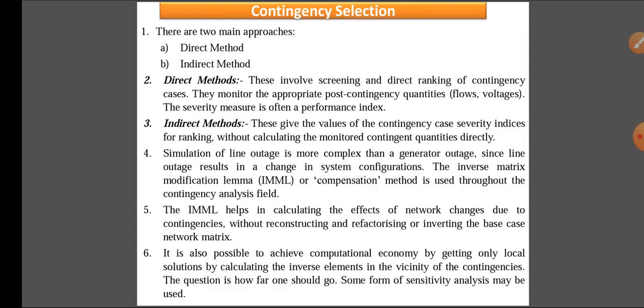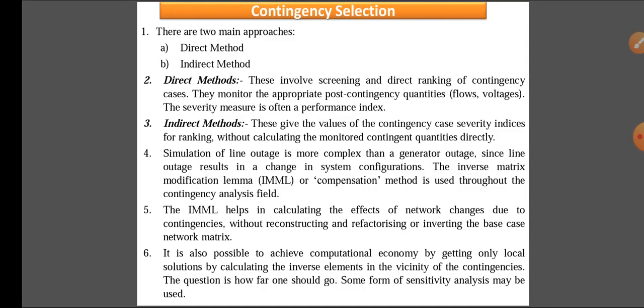Here we are ranking the contingencies again based on the severity. But in the previous case, we were monitoring the post contingency quantities directly. Here we are not going for direct monitoring.